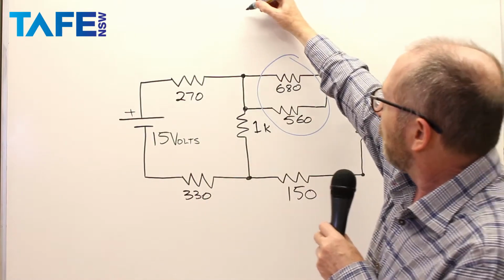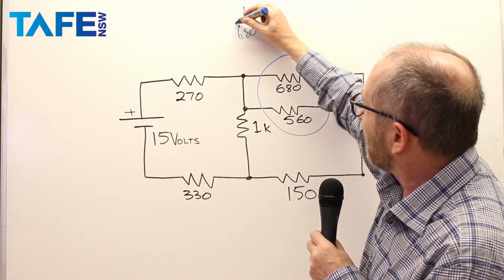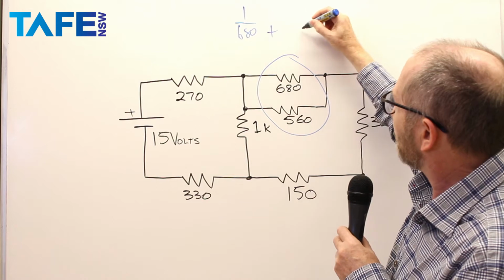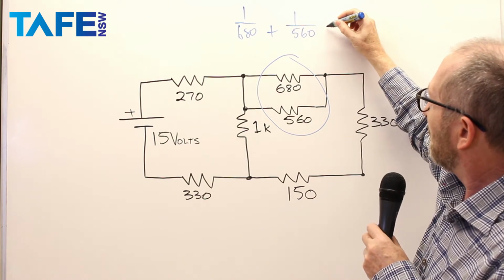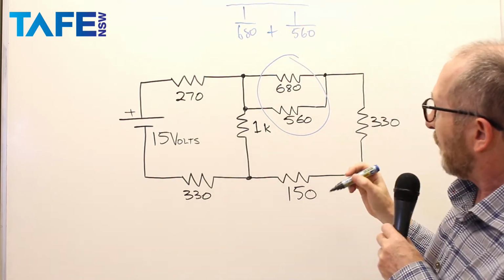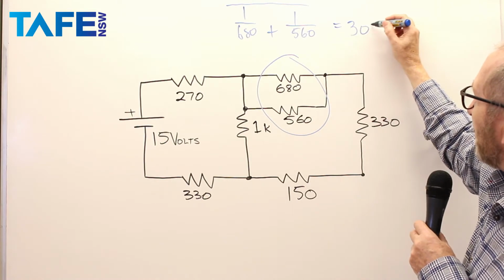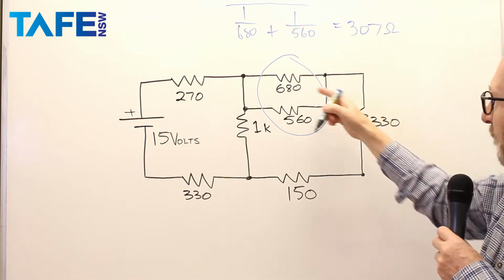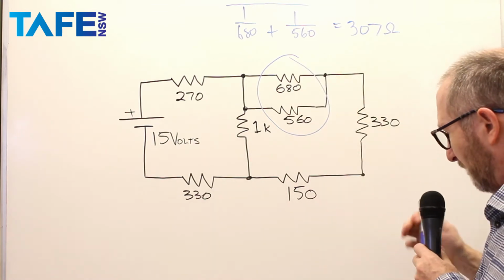Put up graphically, it's 1 on the whole of 1 on 680 plus 1 on 560. That gives us 307 ohms of resistance for that parallel network.